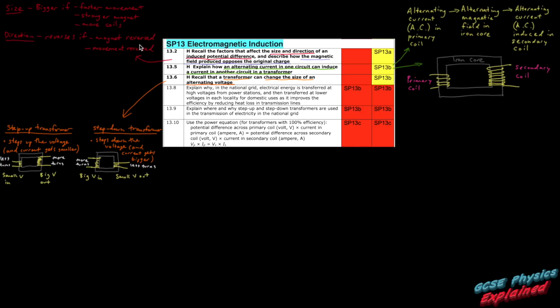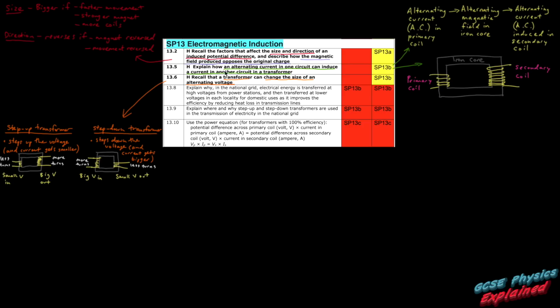That means if you push a south pole in, you'll get a negative voltage. Another way to reverse the direction of the voltage is by reversing the direction of the movement of the magnet. So if you push a north pole in and you get a positive voltage, that means when you pull a north pole out, you'd get a negative voltage. So if you reverse the movement, you reverse the voltage.